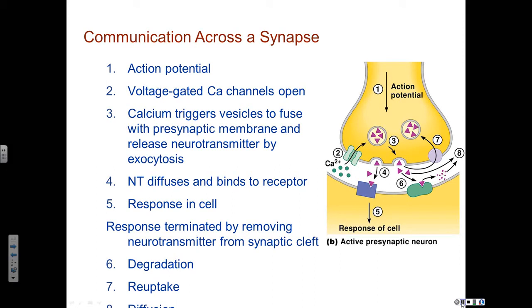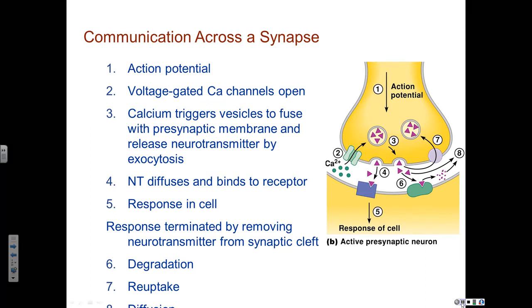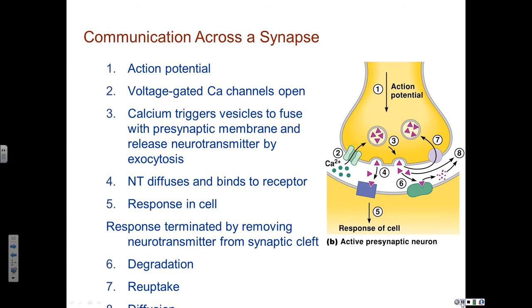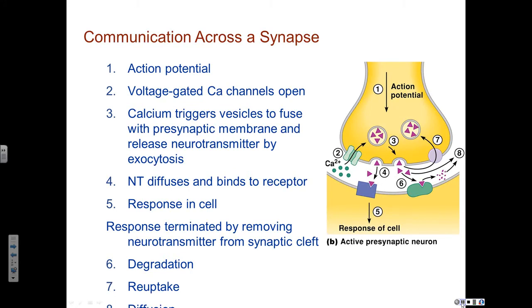There's reuptake, and Dr. Westphal is going to talk about this, but at least you'll have seen it. Some get taken back up to the presynaptic junction, and then there's just diffusion. Some diffuse away. So those are the three ways, because remember, you have to get the neurotransmitter out of there, or you would always have this cell stimulated. And Dr. Westphal will talk about them in more detail.